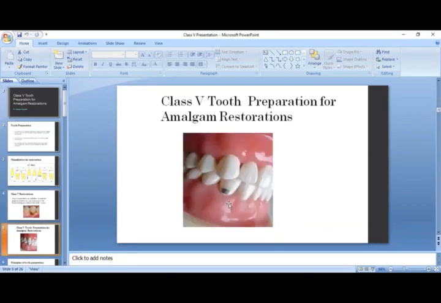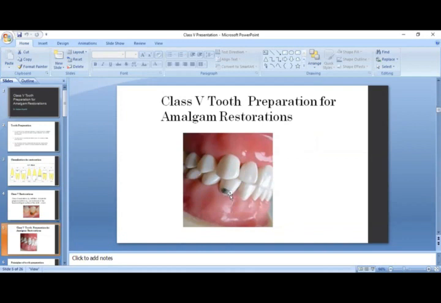Again, this is also a class 5 carious lesion. This is basically a model, a phantom, which I'm sure you can easily visualize in our labs. They basically show that class 5 carious lesion, and that cavity is filled with amalgam. Amalgam is a material which is a metal kind of filling.